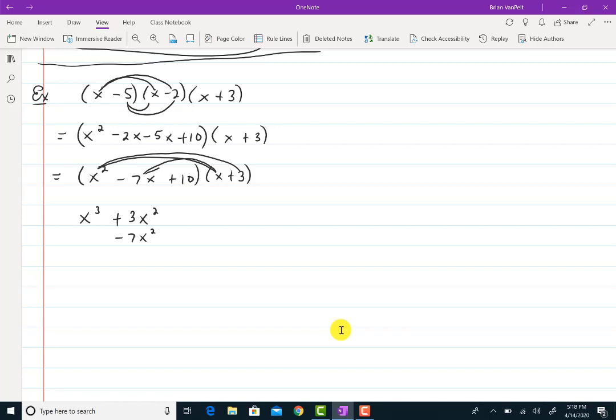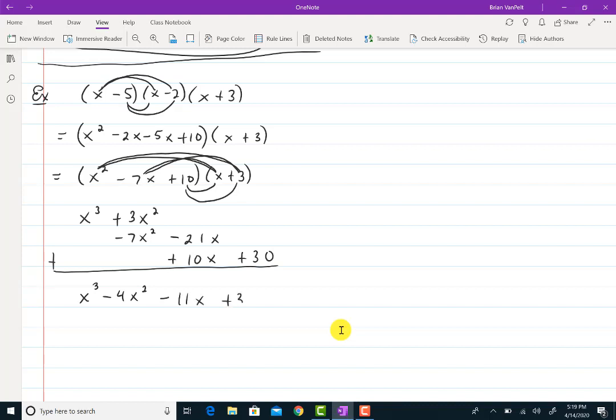And then negative 7x times positive 3 will be negative 21x. Down here I'll get plus 10x plus 30. And let's add them all up. I'll get x cubed minus 4x squared minus 11x plus 30.